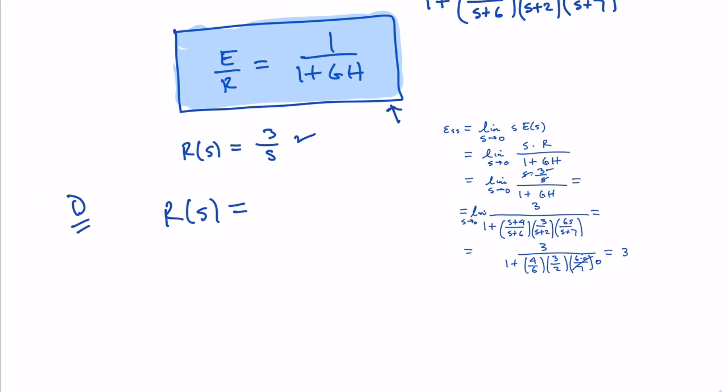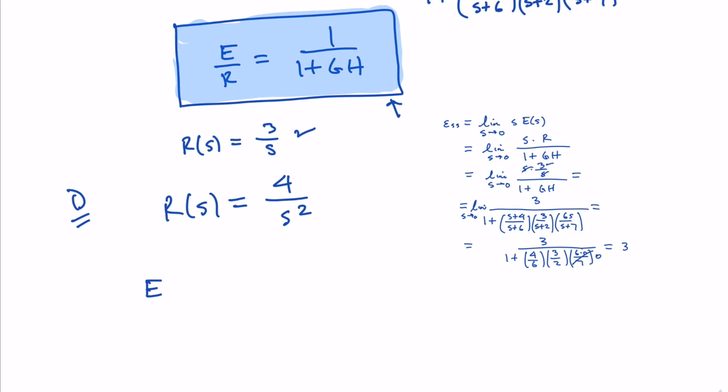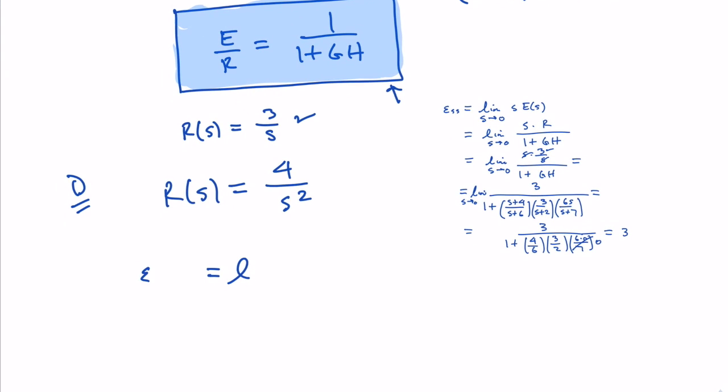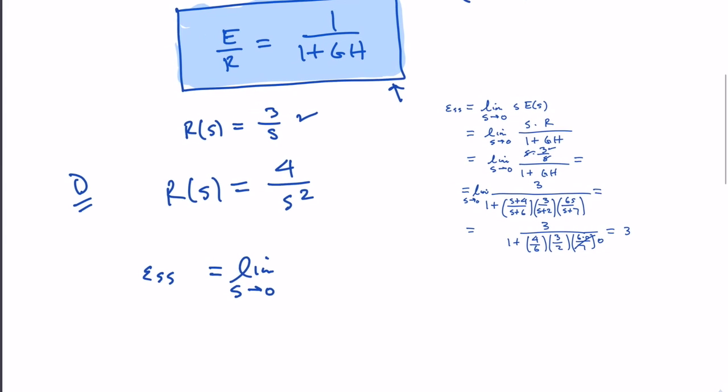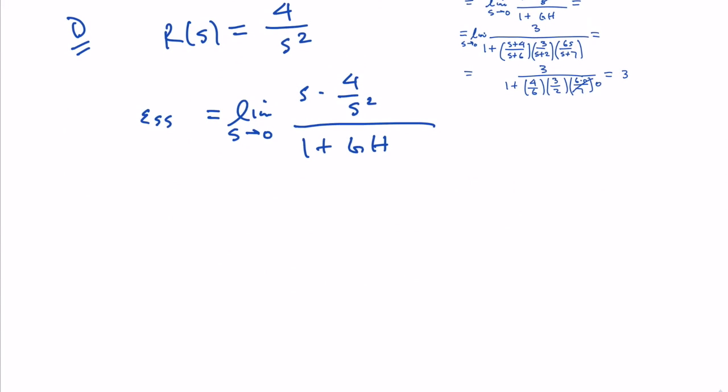The Laplace transform of a ramp is the slope divided by S squared, so that's what we have for R of S. So the steady state error is going to be the limit as S goes to 0 of S times 4 over S squared divided by 1 plus GH. You see here, one of the S's cancels, but I get a free S in the denominator.